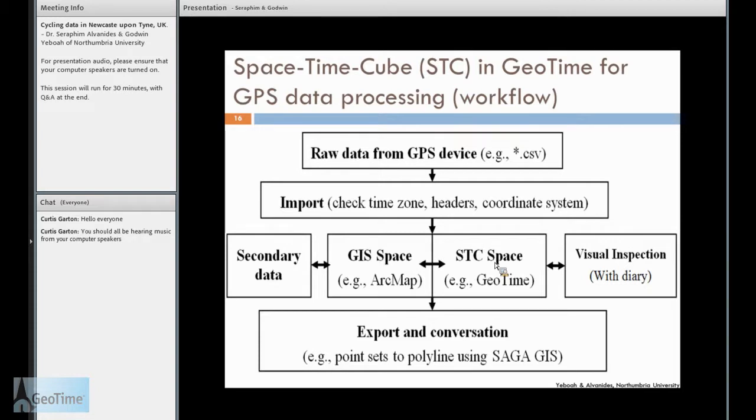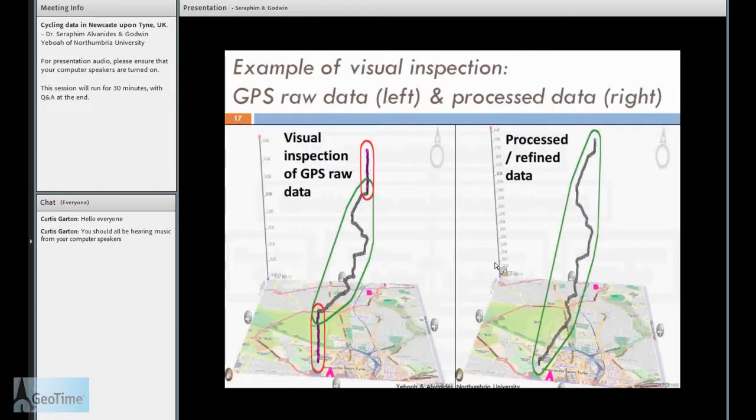I'll show you this in the demo. But for now, this is a typical example of what I just described. Redundant point sets at the trip ends are removed as a way of refining point sets defining the cycle trip.